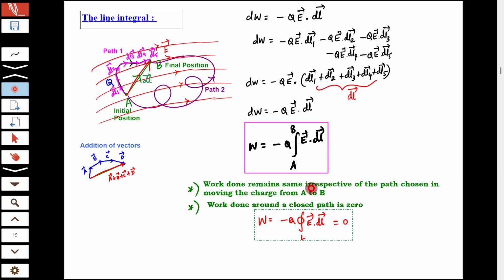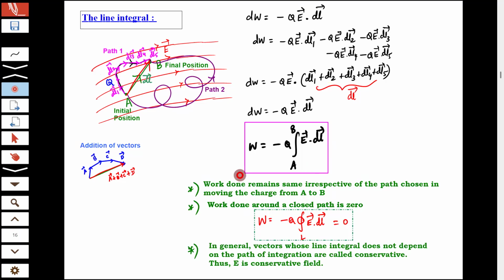And one more important thing which we have to consider is, in general, when we consider this work done with the electric field intensity E, if this work done is the same irrespective of the path chosen, then this electric field intensity is conservative in nature, and thereby we call this E field a conservative electric field.